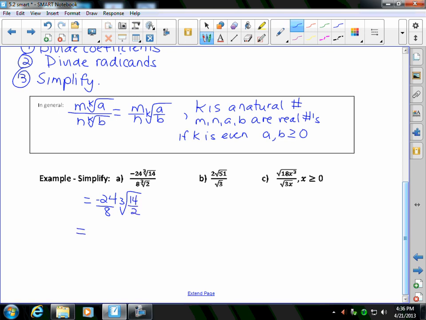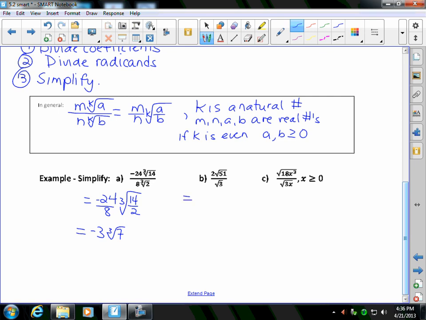So negative 24 divided by 8 is equal to negative 3. 14 divided by 2 means I have cube root of 7. And I can't do anything with the cube root of 7, so that's where it stays. So as long as my indexes are the same, then I can divide the radicands. I can divide the number inside there.